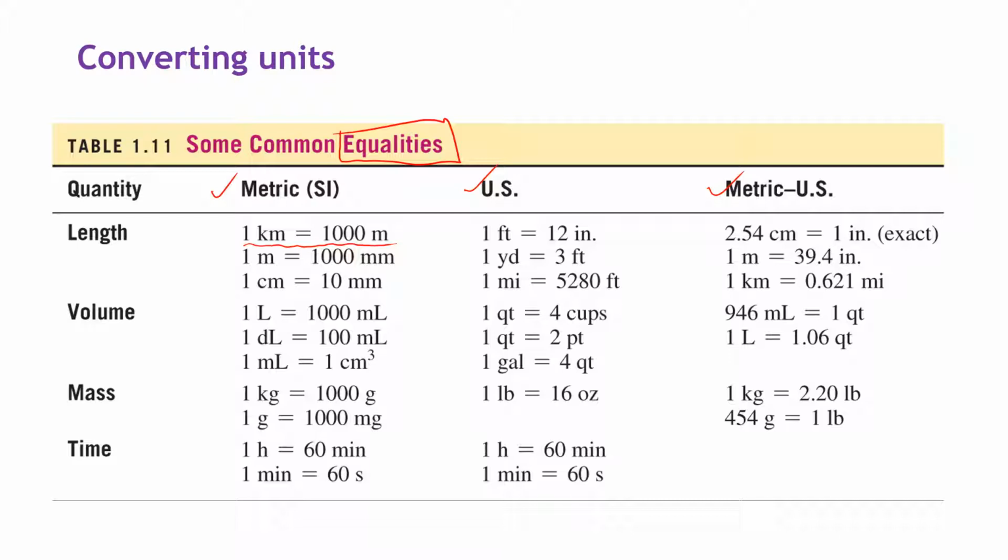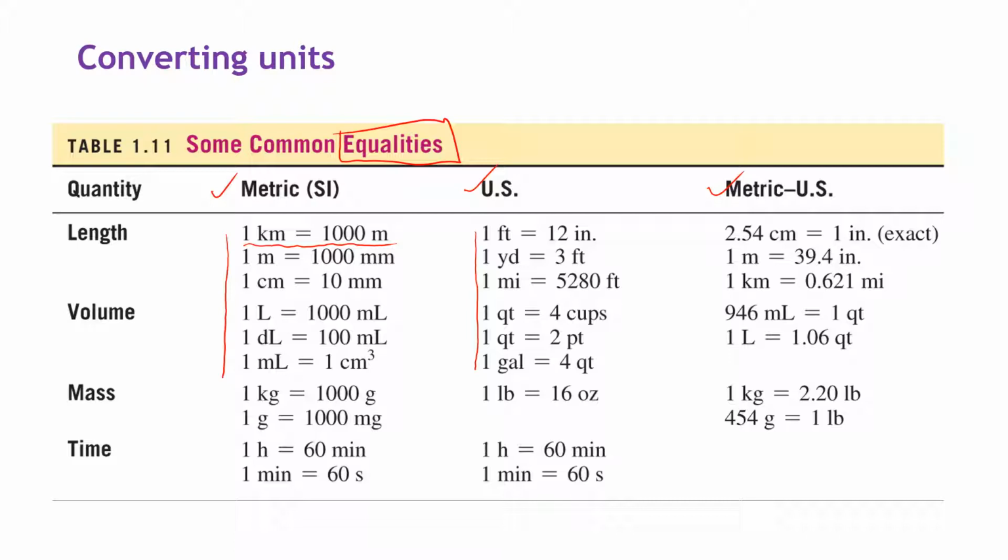Now you can certainly educate yourself on these various equalities. There's nothing terribly complicated here. You might want to notice, however, that in the metric system, we are typically dealing in multiples of 10. This is actually very useful and makes it a lot easier to work with. The US, on the other hand, is rather more confusing.